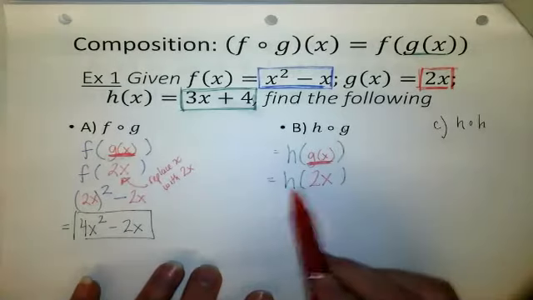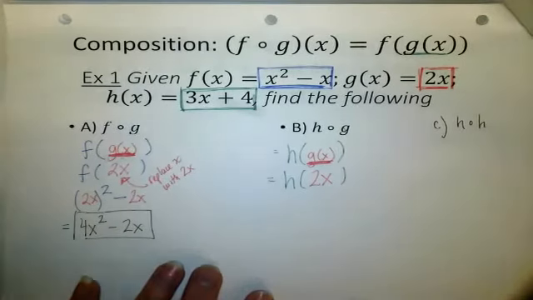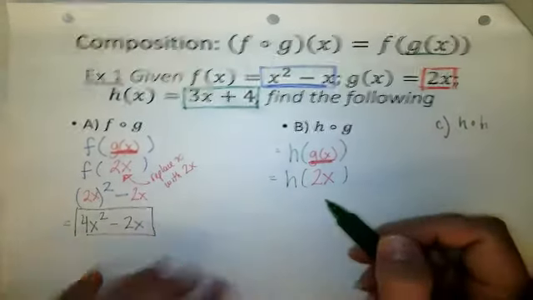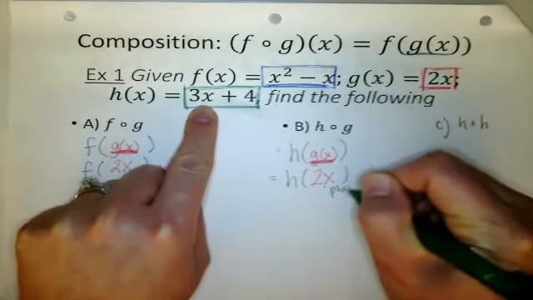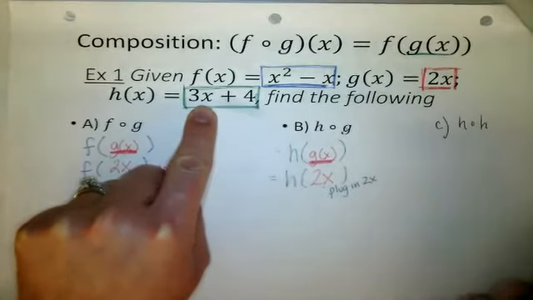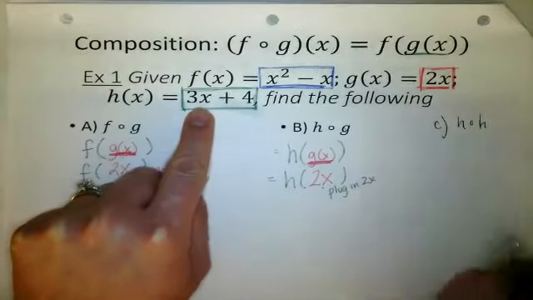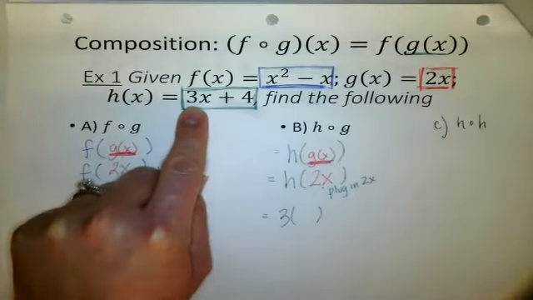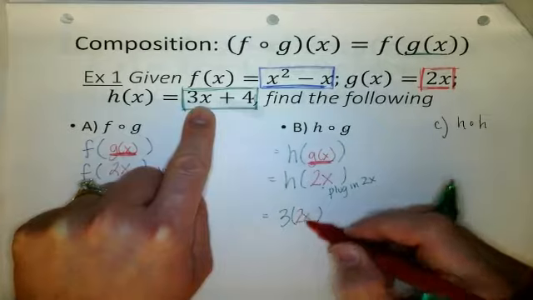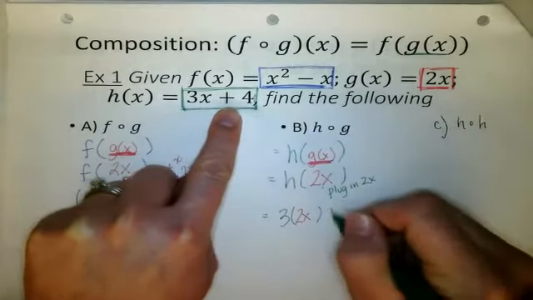So now what does H of 2X tell you to do? Plug in the 2X into the H function. Plug in 2X to your function. And so I have 3 times what? Instead of X, we were using 2X, and then plus 4.